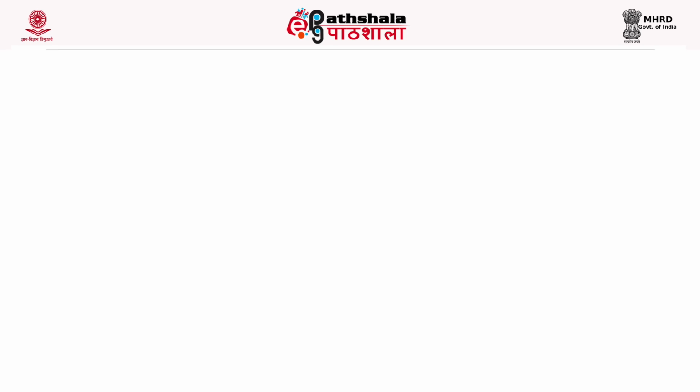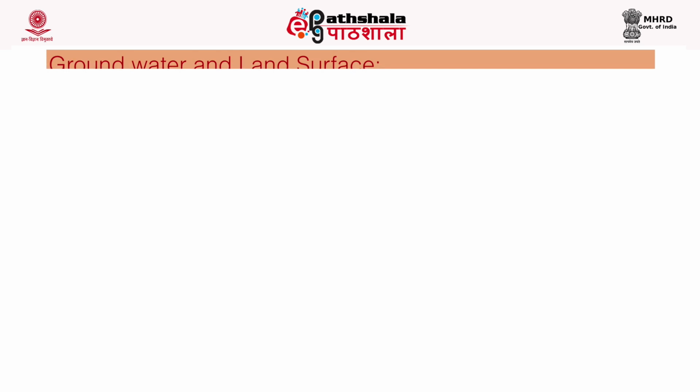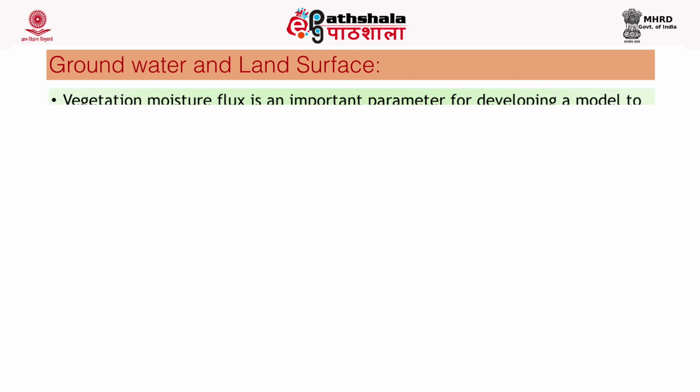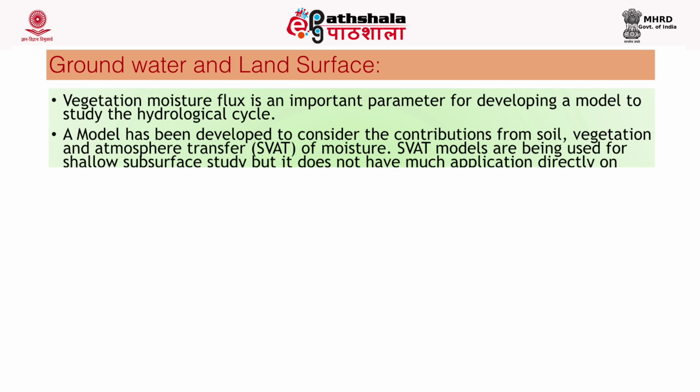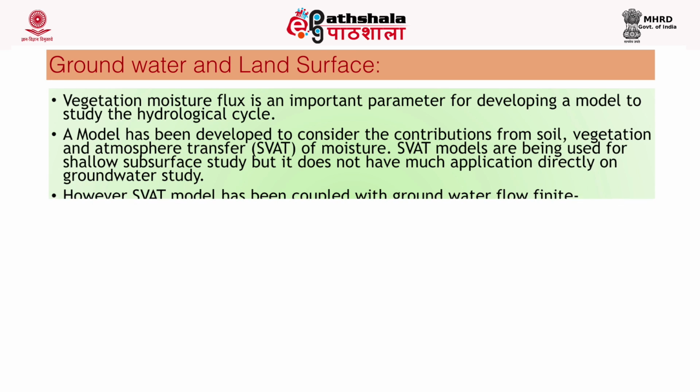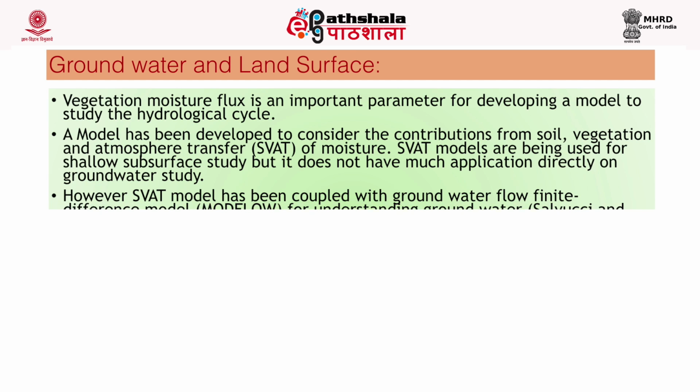Another important aspect is vegetation moisture flux. Here, this parameter is required for developing a model to study the hydrological cycle. Without the hydrological cycle of that particular region, it is difficult to get information about the groundwater. The model has been developed to consider the contribution from soil, vegetation and atmospheric transfer of moisture.